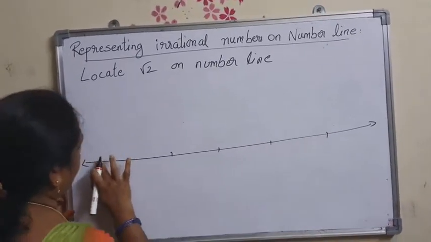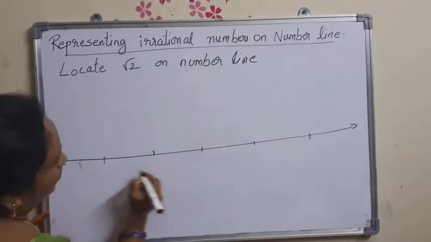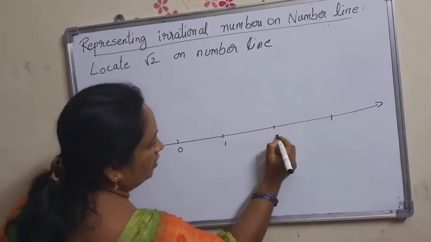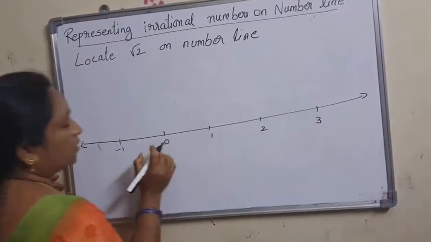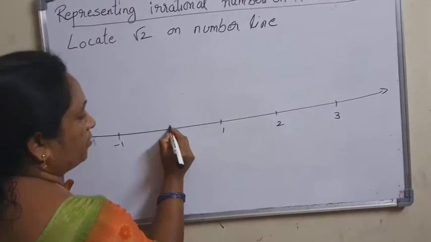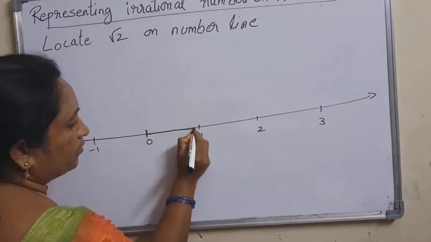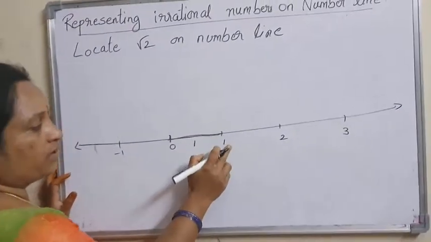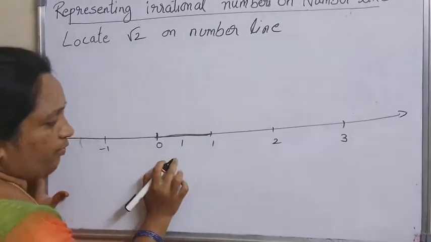Let me take this as 0, minus 1, 1, 2, 3. From here to here, we consider it as 1 unit. From 0 to 1, we consider it as 1 unit.